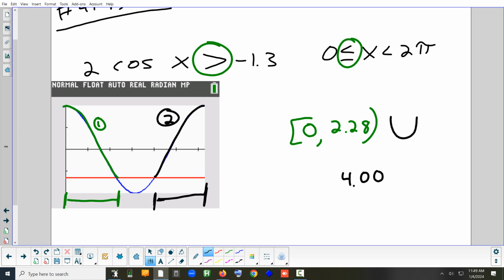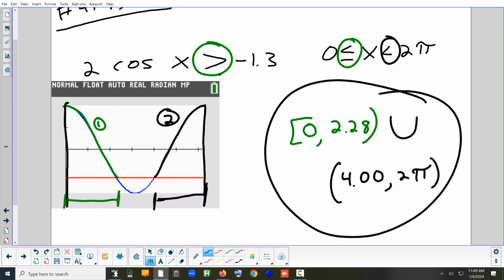No, I can't include it because, again, they cannot be equal. The wave has to be above. So I'm not including. And then where does interval 2 stop? It stops at the edge of my screen, 2 pi. Can I include or not include 2 pi? Not include, because remember, the edge of this window is a repeat of the edge of that window. They're the same thing. So really, the right edge of this window is the next cycle. It doesn't go with this one.